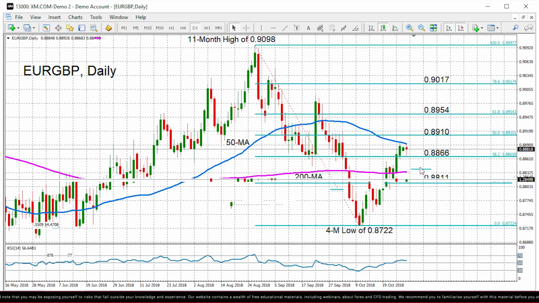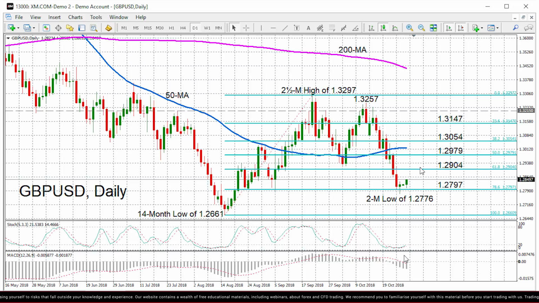And finally, looking at pound dollar, it is very bearish in the near term for the pair. Immediate support is coming from just below the 1.28 handle at the 78.6% Fibonacci retracement of the uplift from 1.2661 to 1.3297.